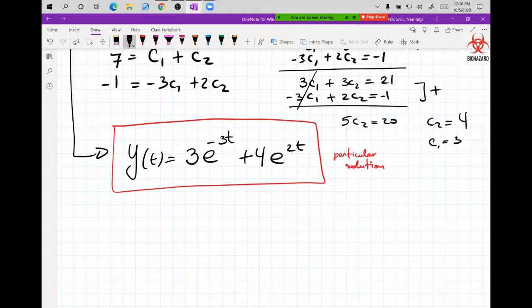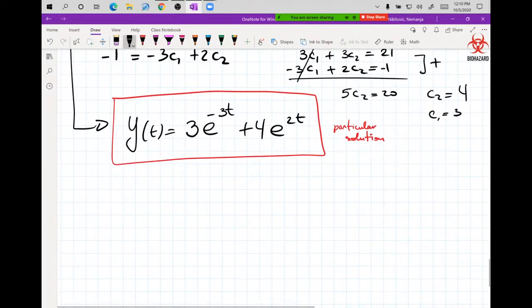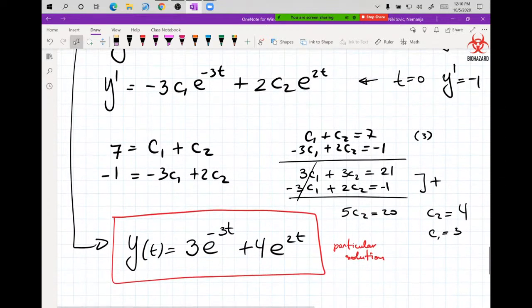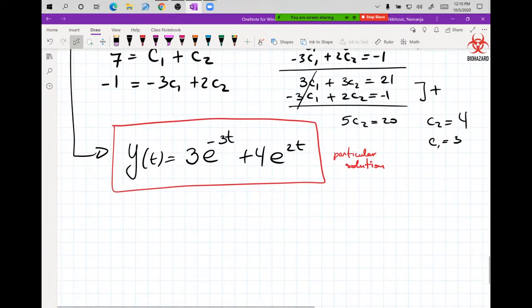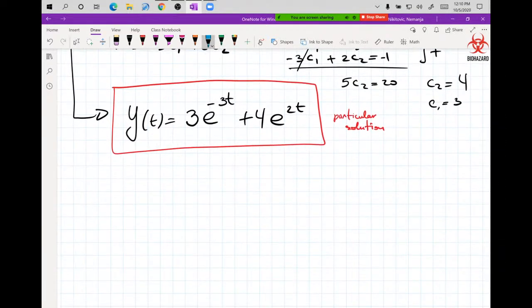Now, do we have any skeptics that go, is that really a solution? No? No one cares that this might be wrong? You can check, right?